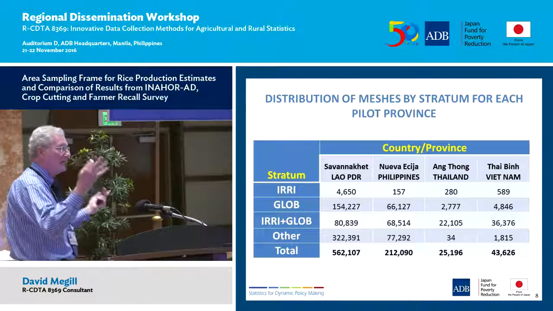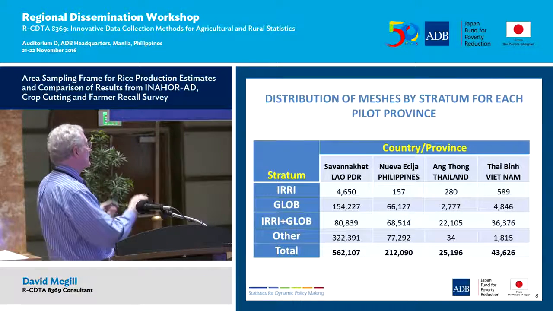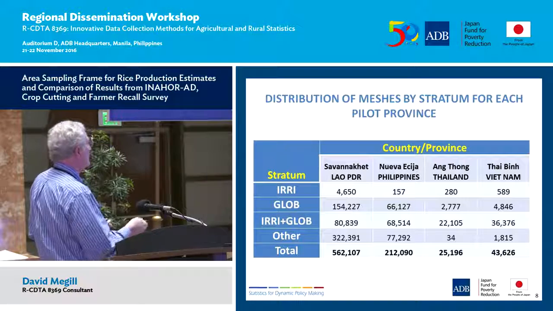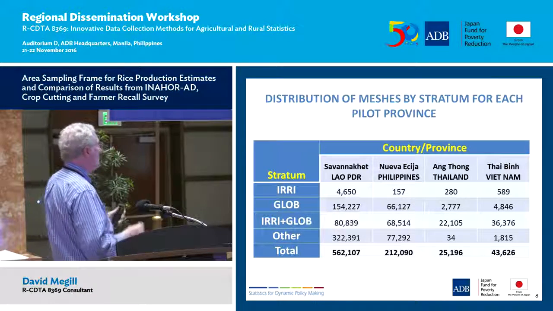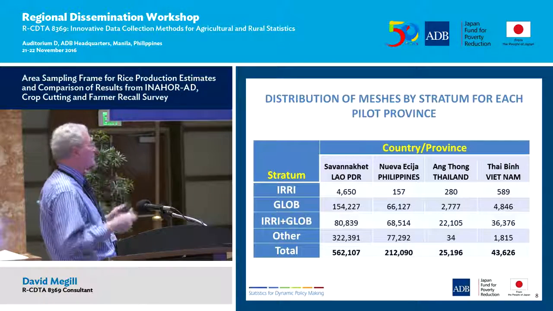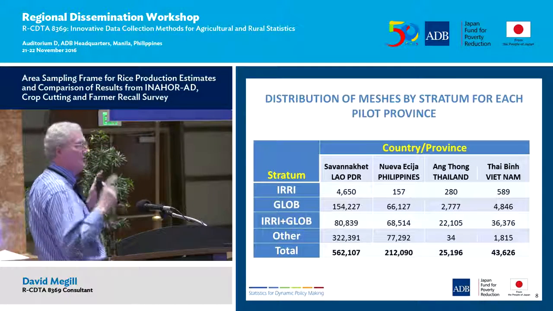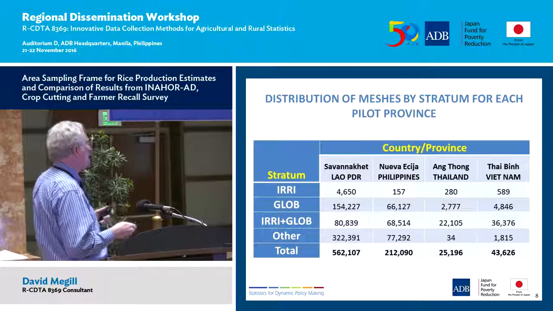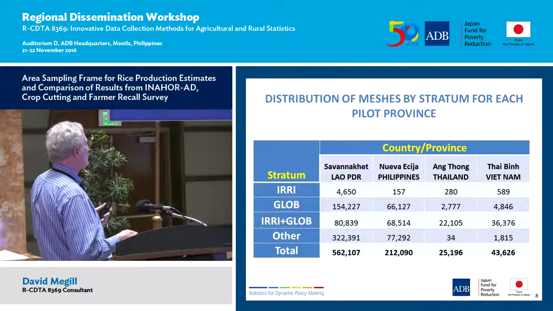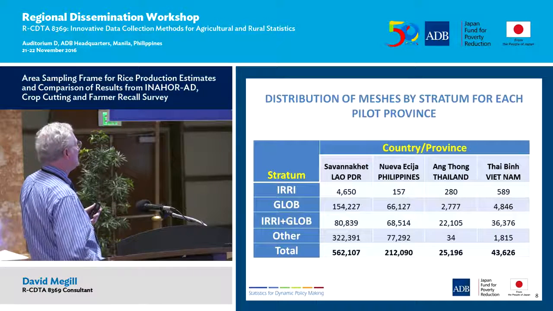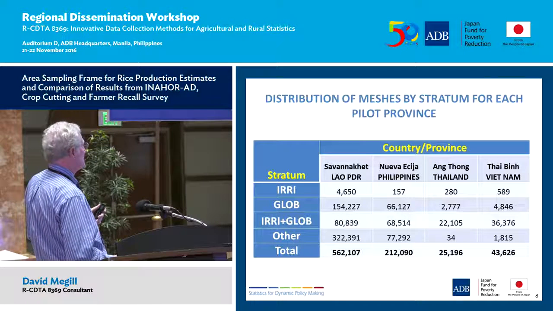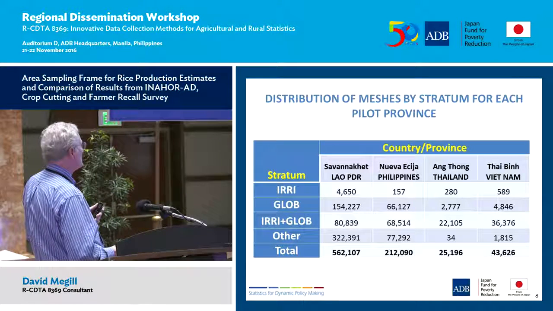Okay, so after the process that you saw this morning, the territory of each of the provinces was divided into these meshes of 200 by 200 meters squared. And so this is the distribution in each of the provinces in terms of the 4 different strata.